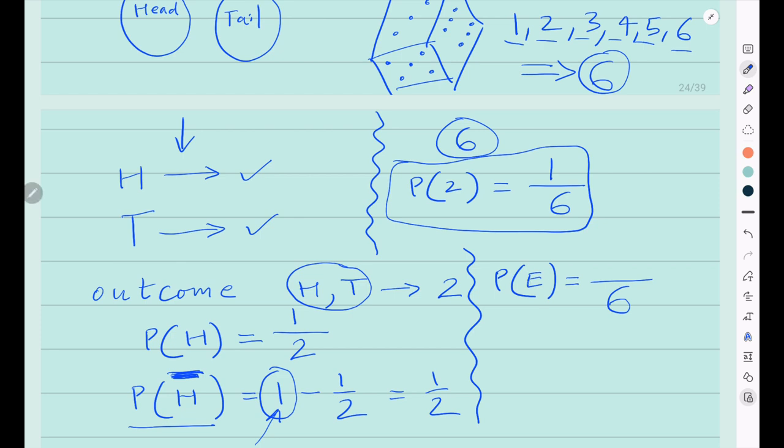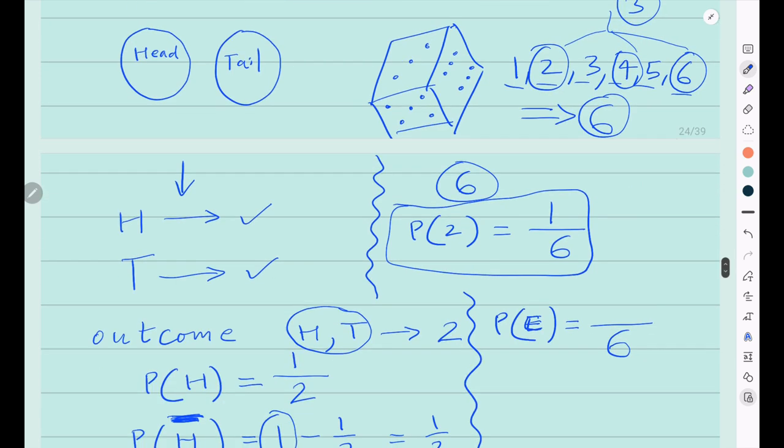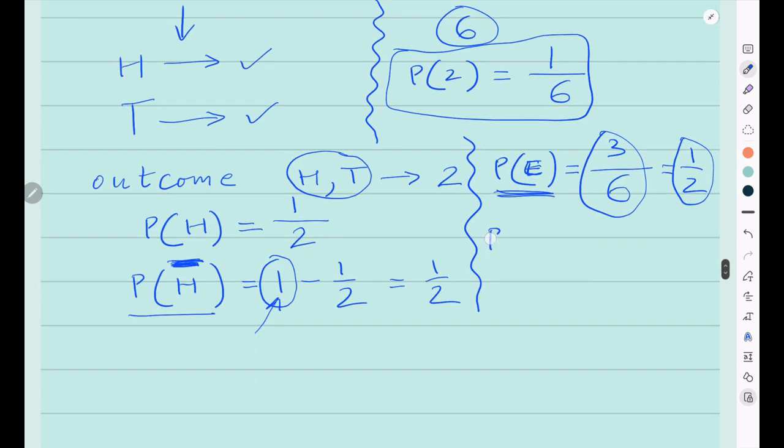Then what are the outcomes with an even number? This is even, this is even, and this is even. So there are 3 outcomes which give us an even number. So the probability of getting an even number when we throw a dice is 3 by 6, or simplified, 1 by 2.